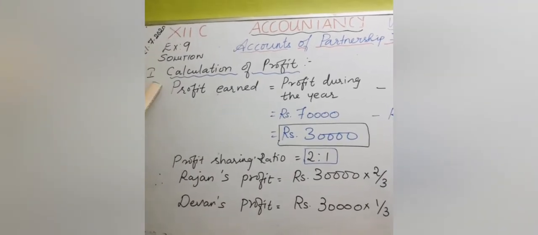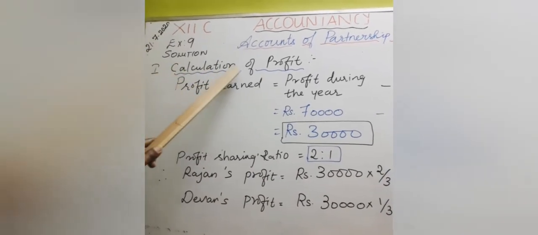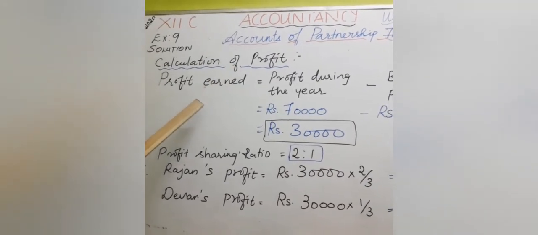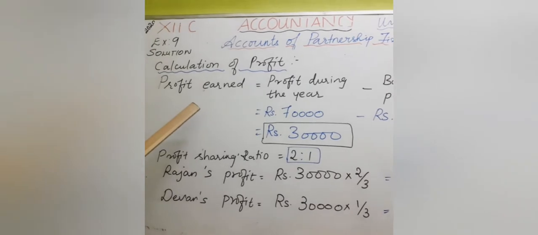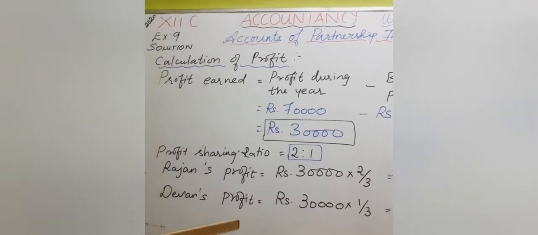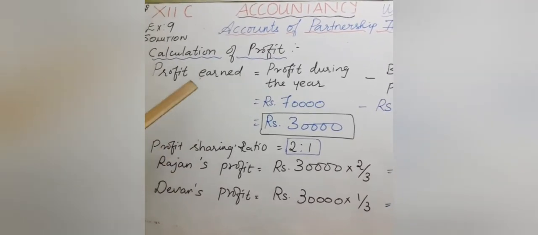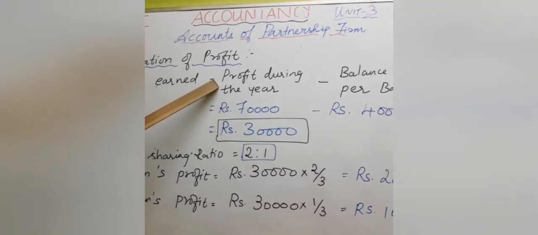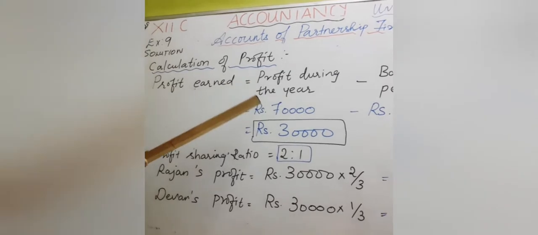Now first step students, calculation of profit. First we want to find out what is the profit earned by both the partners. For that you have to follow this calculation. How will you find the profit earned? Profit during the year is given in the adjustment in the question, 70,000.